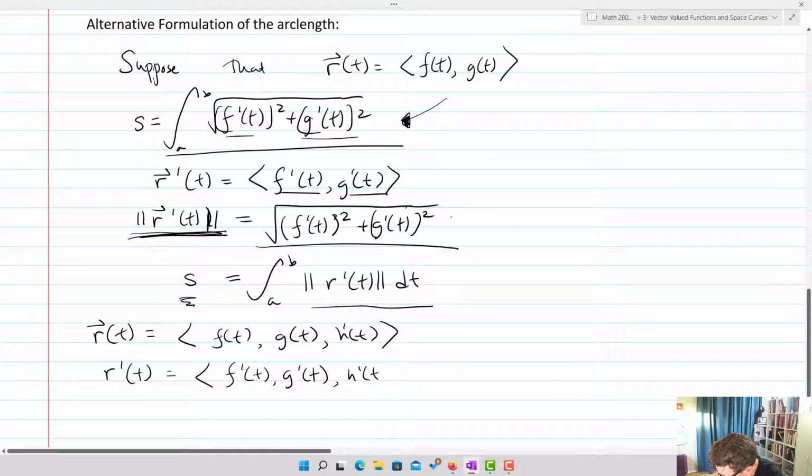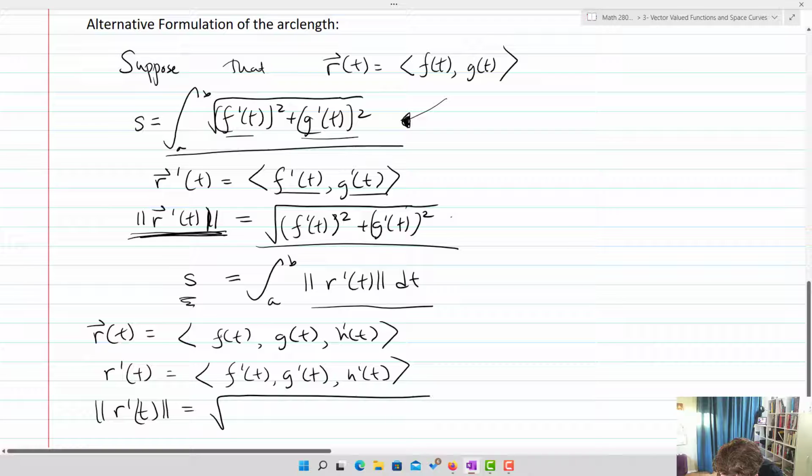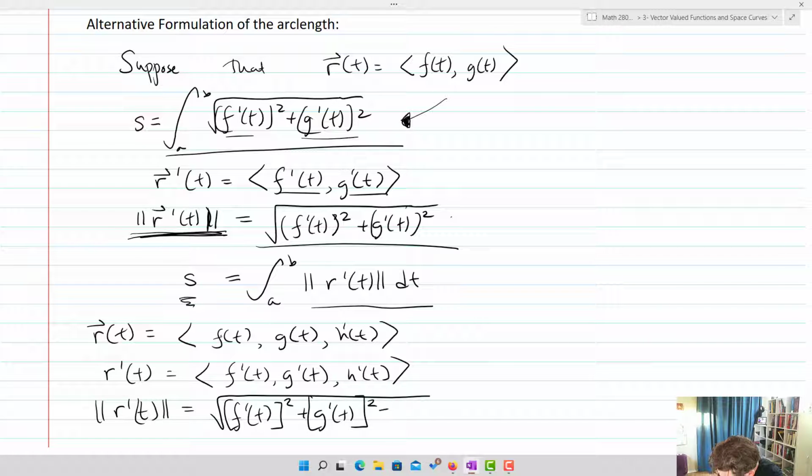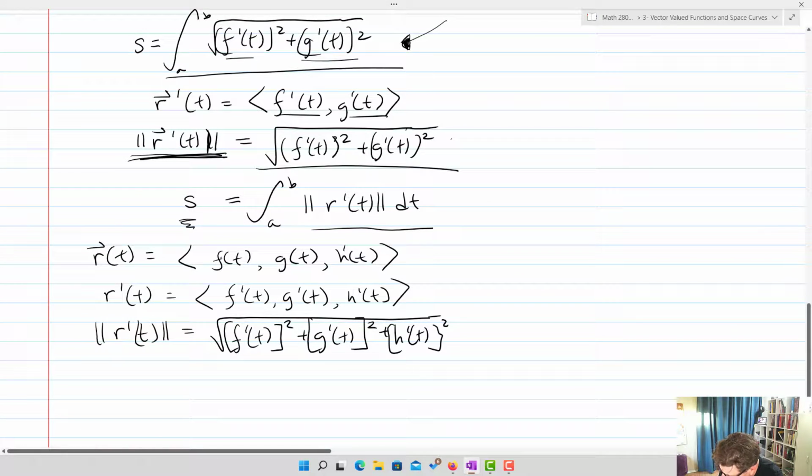So we just take the derivatives of each individual one, and then its magnitude is going to equal the square root of the individual components squared. So f prime of t squared plus g prime of t squared plus h prime of t squared. And then you just want to notice that that's actually equal to what was in the arc length before.